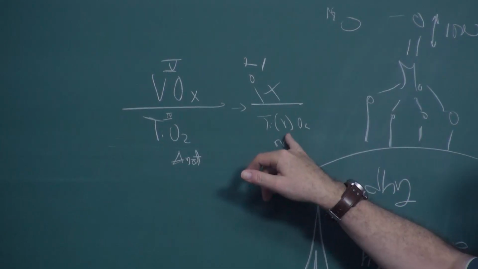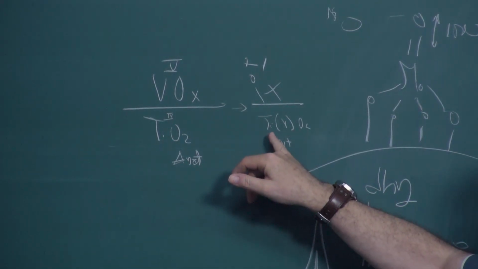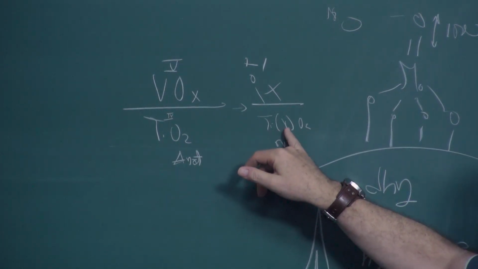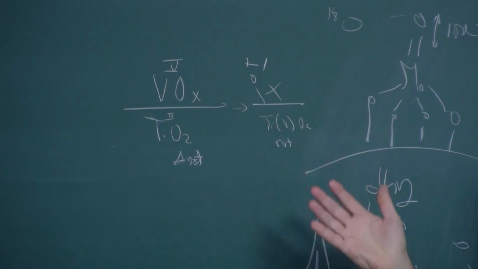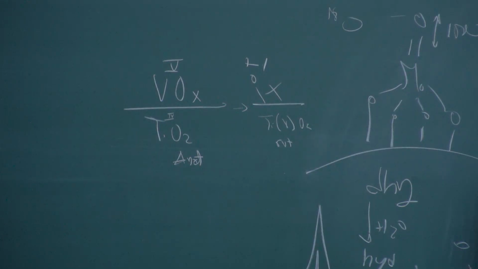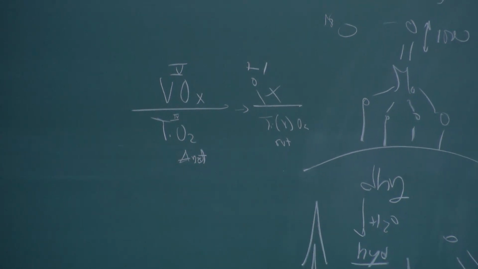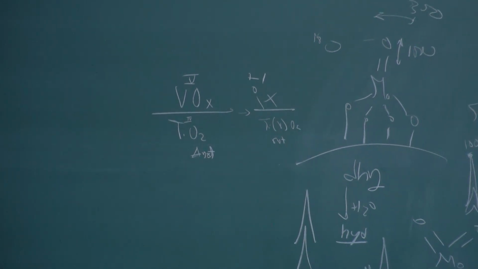How can vanadia enter on the titania lattice? This is titanium 4. And will vanadium 5 plus enter here? Well, it depends on many things. Essentially it depends on the oxidation state. I want you to think about that, and also to see that I already say here vanadium 4 plus.